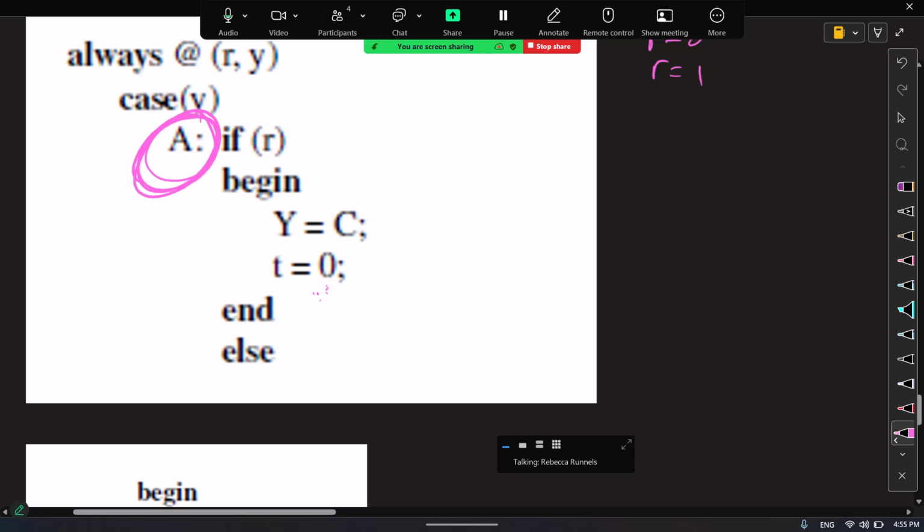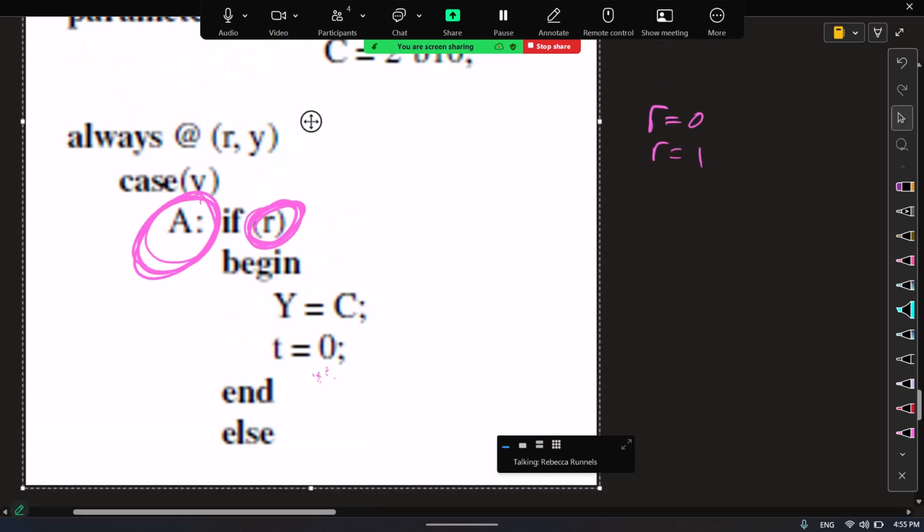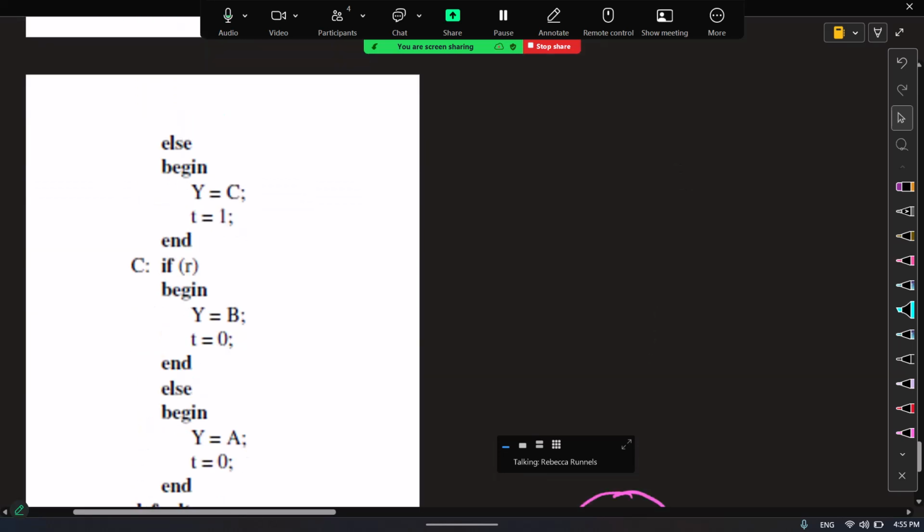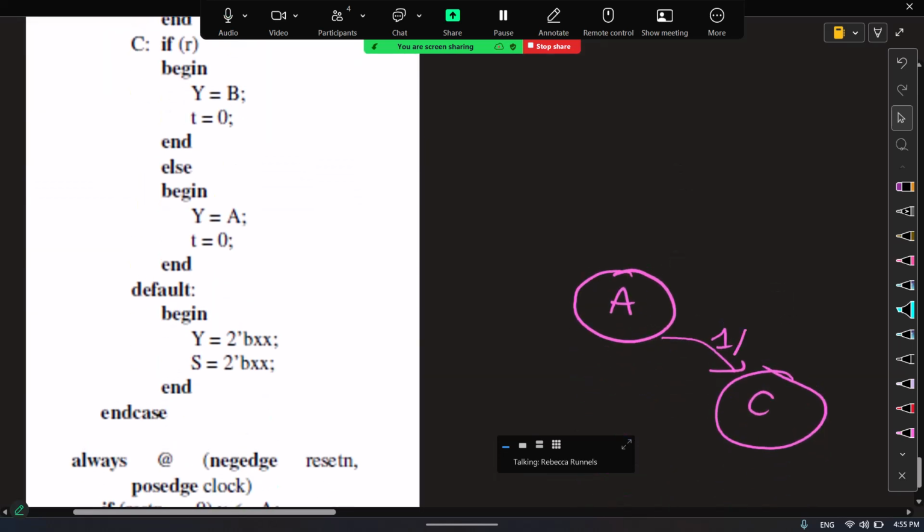This tells me whether I'm a Mealy or a Moore machine. Which am I? Moore is the one that does not depend on the inputs. And this depends on the input because R is our input. It says if R, our output is 0, so this is Mealy.